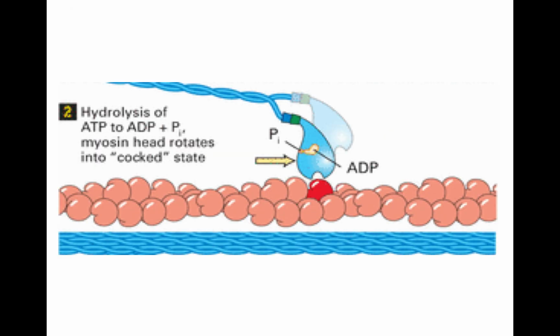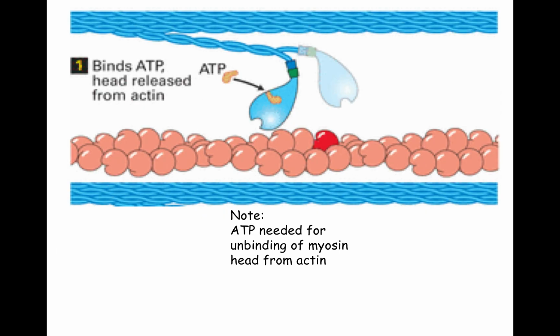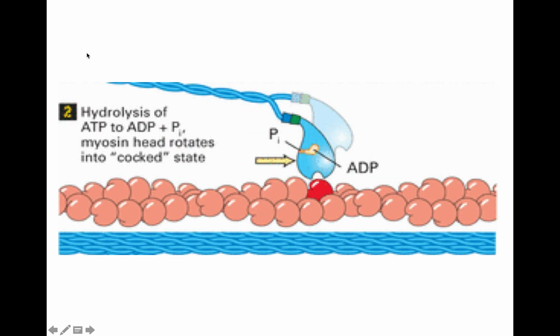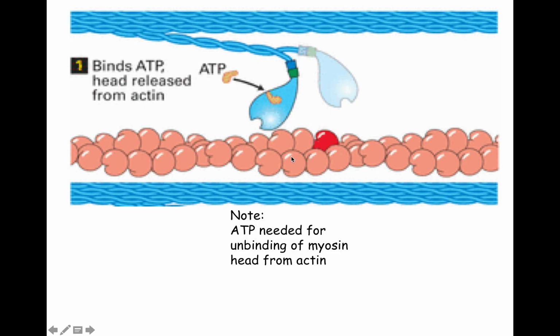So then you're going to have hydrolysis of the ATP that binds to this head. It's going to hydrolyze to ADP and P. ADP and P stay stuck even though they're split. They stay stuck to that myosin head, but the action of ATP splitting to ADP and P causes the myosin head to cock forward, to move forward.